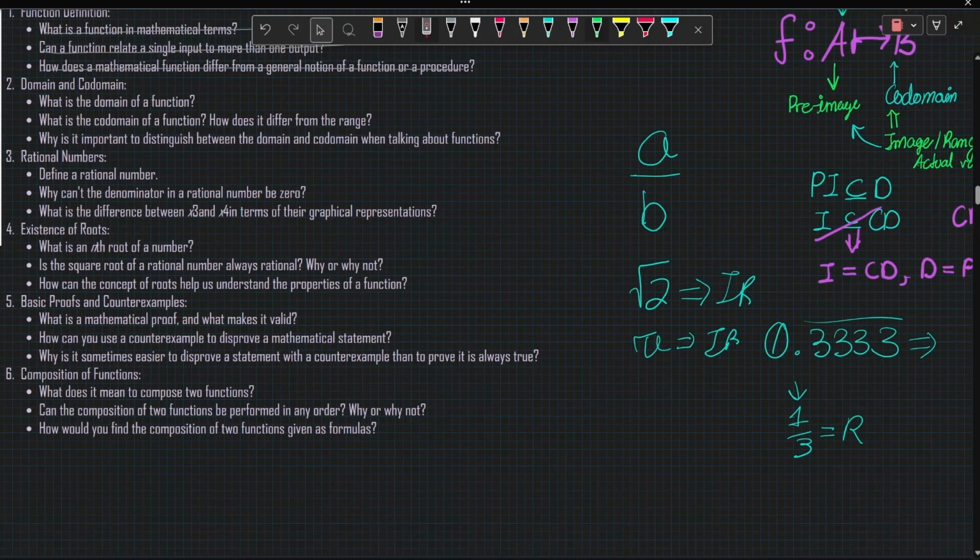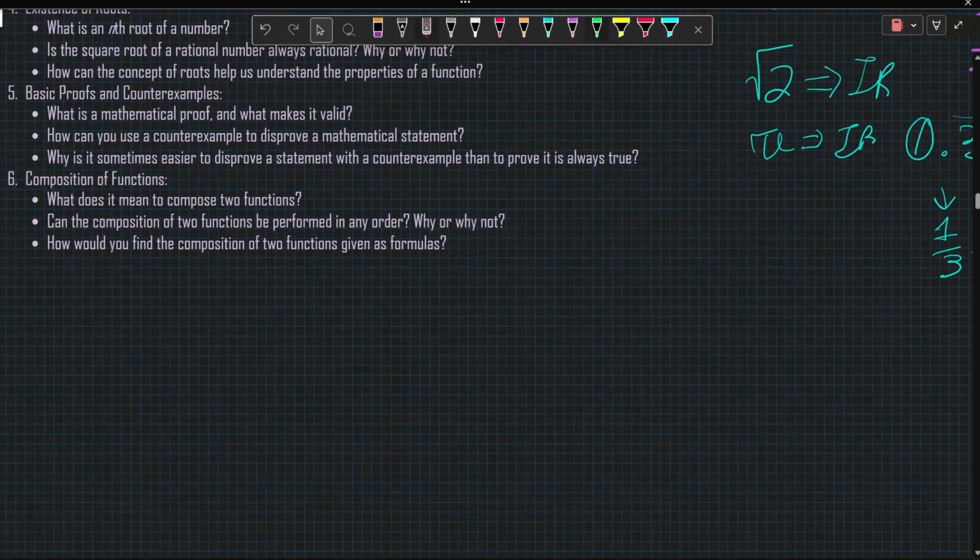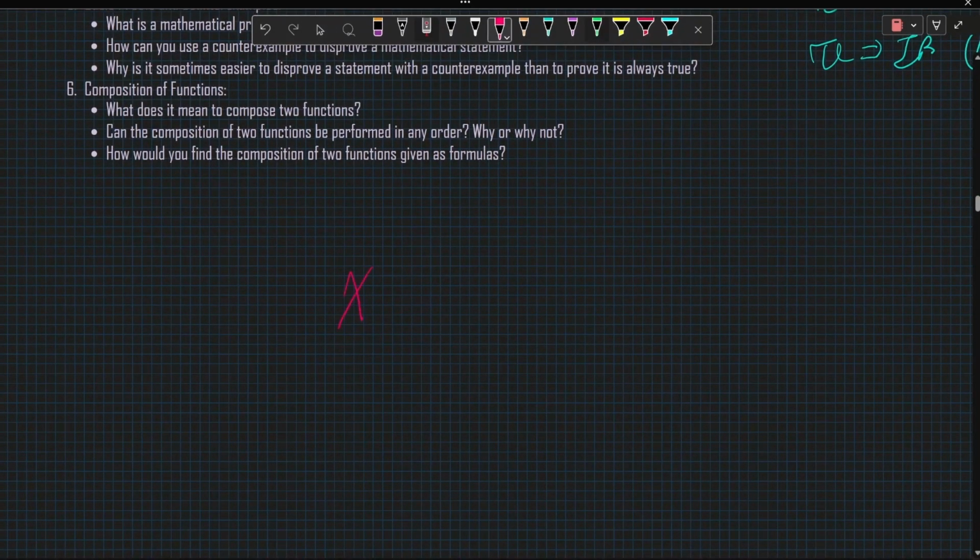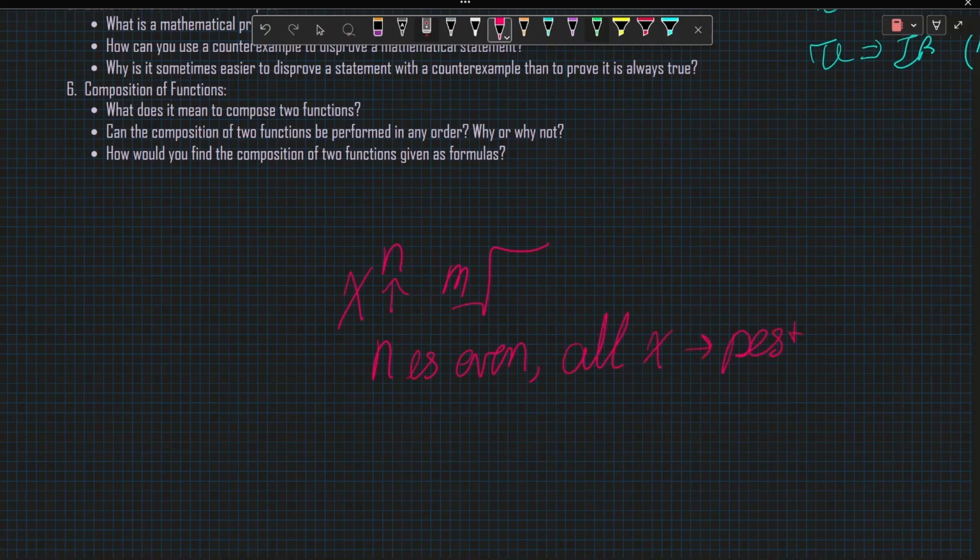Now, roots and powers. Okay. Powers and roots you should understand, but something you should take note of is that for x to the n and the nth root, when n is even, all x's are positive, okay?